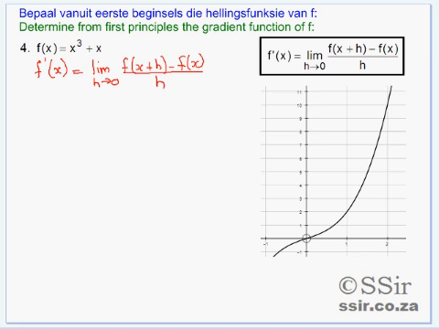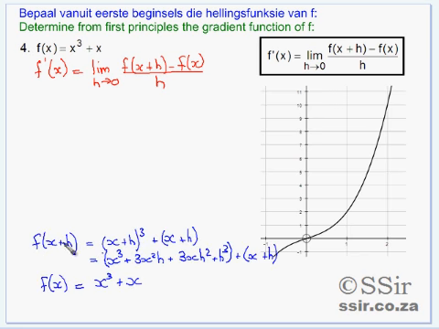So let's calculate f of x plus h separately first. F of x plus h, remember, we must substitute into the original function an x plus h everywhere where there is an x. So the first term becomes x plus h cubed plus x, and that x becomes x plus h. Subtract f of x, and f of x is what has been given.